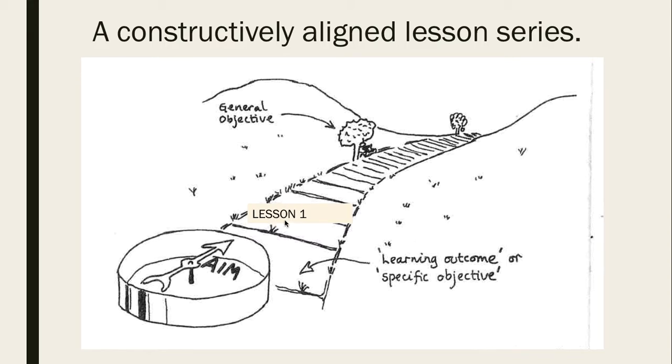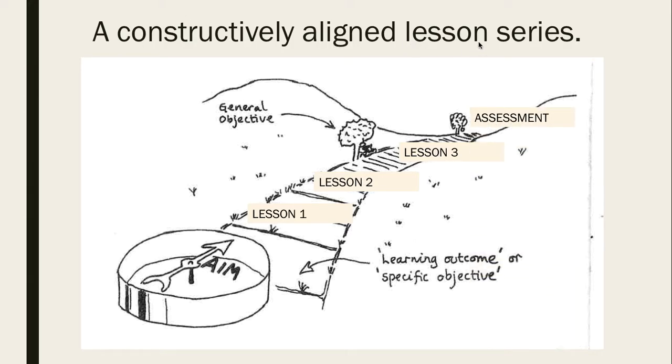So in lesson 1, we work on a specific outcome. And then further building on it, we're aiming for a specific learning outcome, a SMART one, in lesson 2 and lesson 3. Now, where does this all take us? To the assessment, of course.